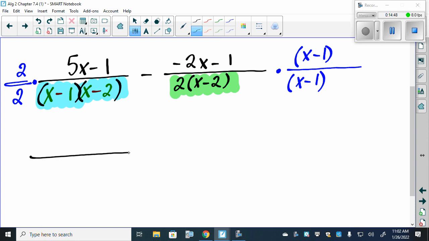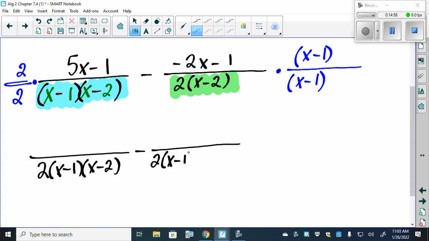So the least common multiple, or the least common denominator, in this case is going to be 2 times x minus 1 times x minus 2. So when we were talking about least common multiple yesterday, it's doing this exact same thing. Now, they reference it here as a least common denominator, because what are we trying to make the same in both equations?